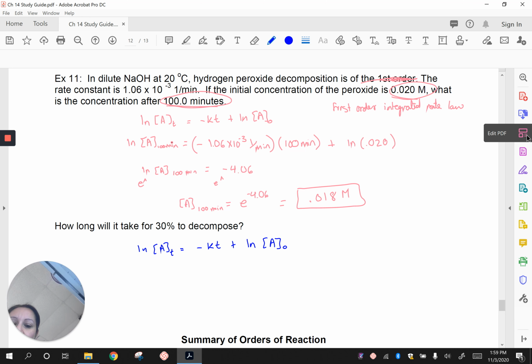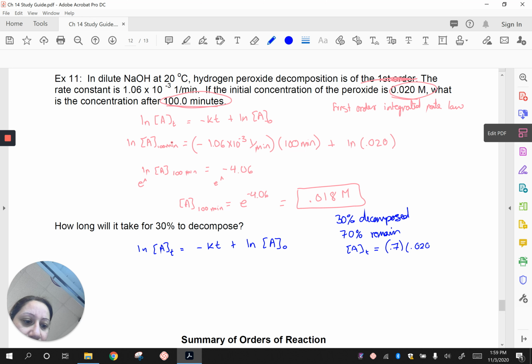So I'm going to do it in two ways, actually, and show you. So 30% decomposed, that means 70% remain. So the concentration of A at time equals T is equal to 0.7 times 0.020 molar. And I think that's 0.014 molar, I believe.